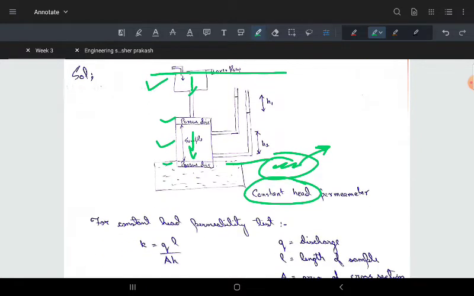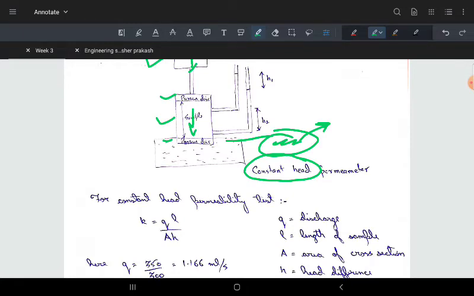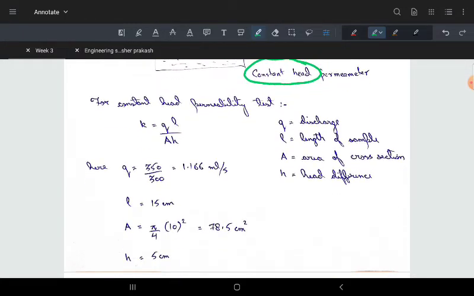So for the constant head permeability test, the equation will be K is equal to QL by AH. Now we will see how we get this equation. It is simply Darcy's law, that is Q is equal to KIA.